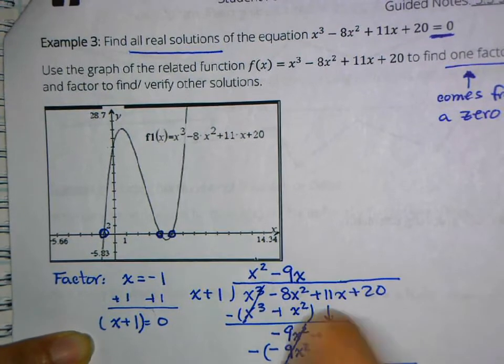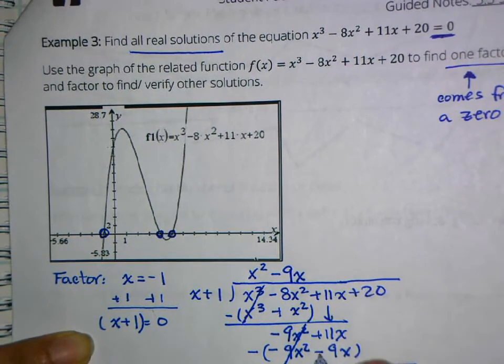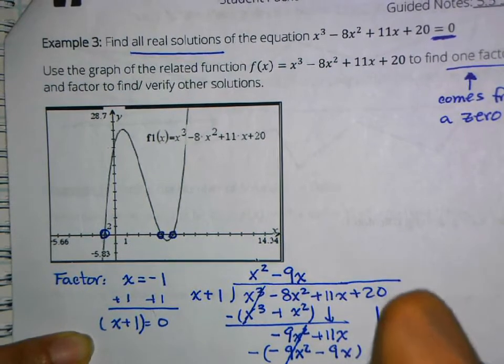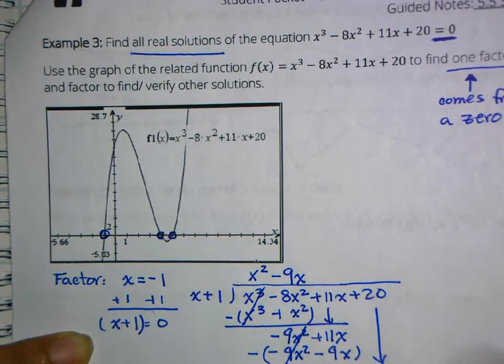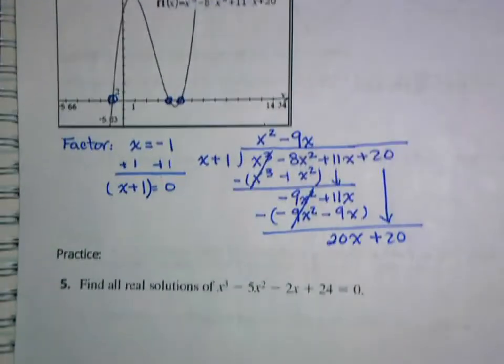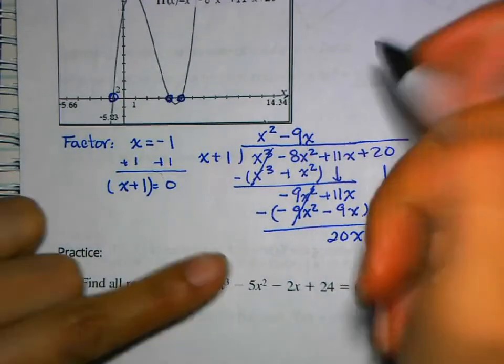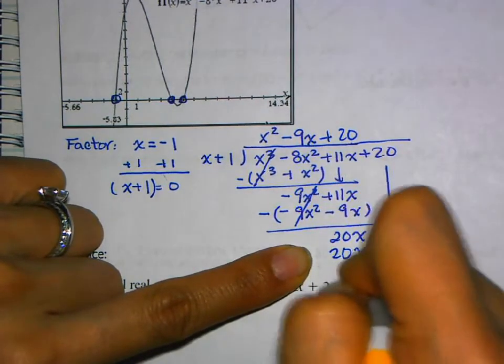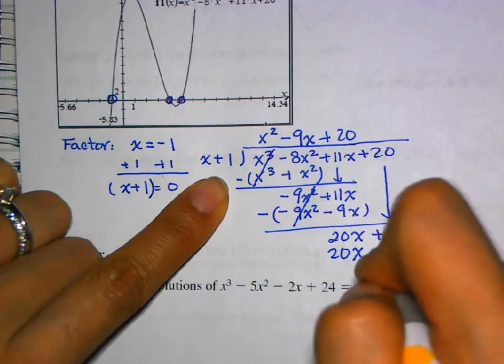That's going to cancel that. 11 minus 9 is going to give me positive 20x. Pull down the plus 20. And that's going to give me plus 20. 20x plus 20.